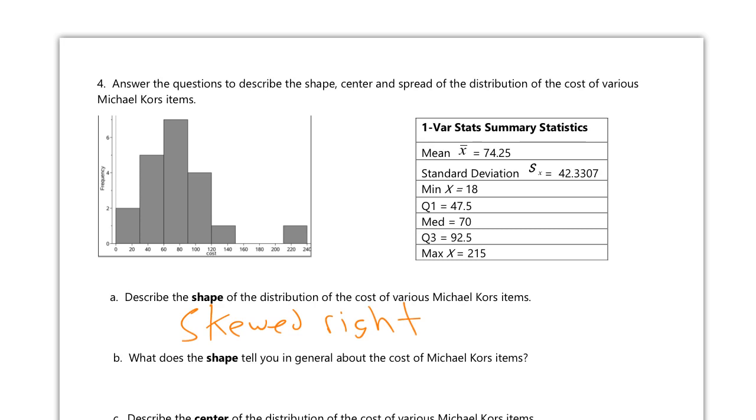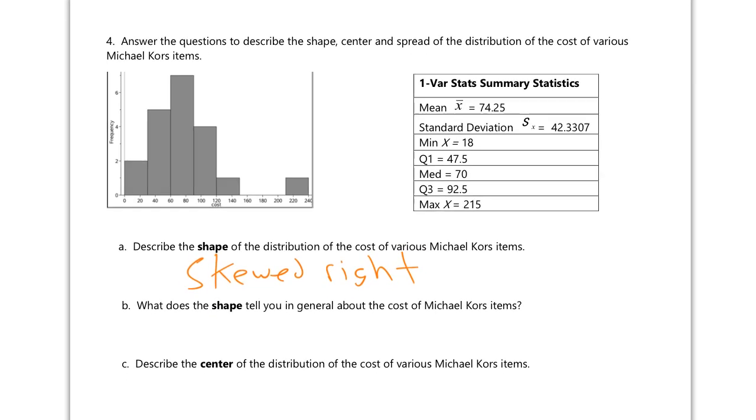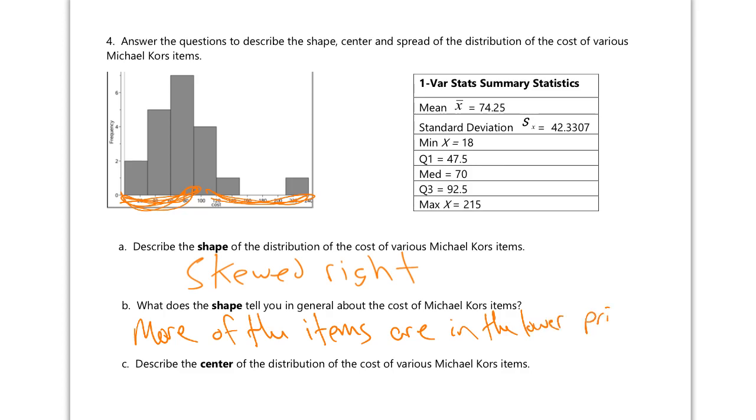Well, that means more of our data is at the lower cost items. There's a lot more data there. That's why the bins are higher there. So we say more of the items are in the lower price ranges.